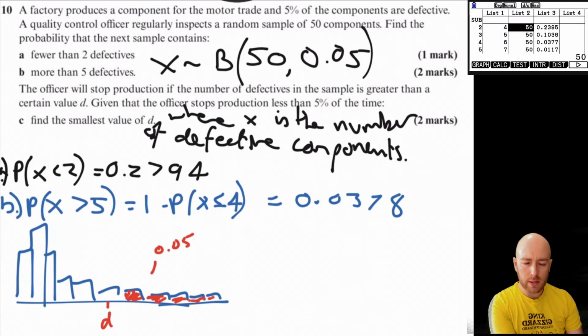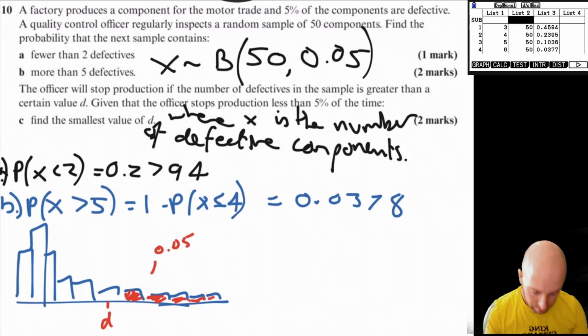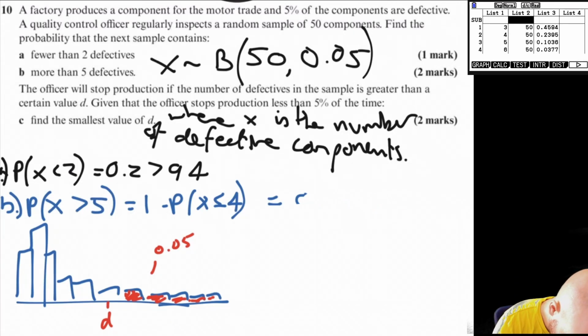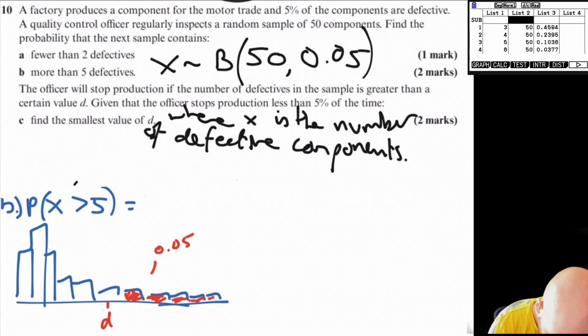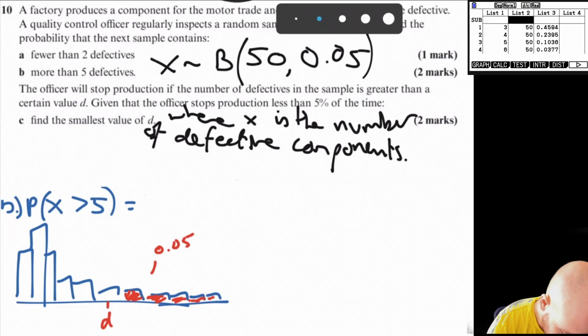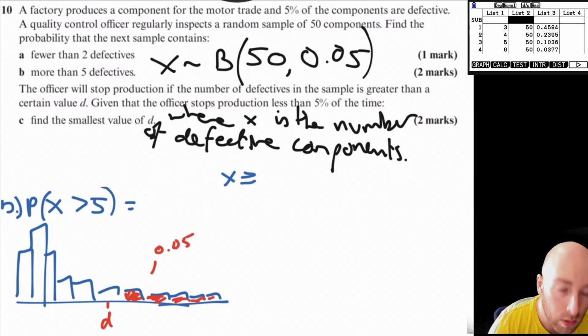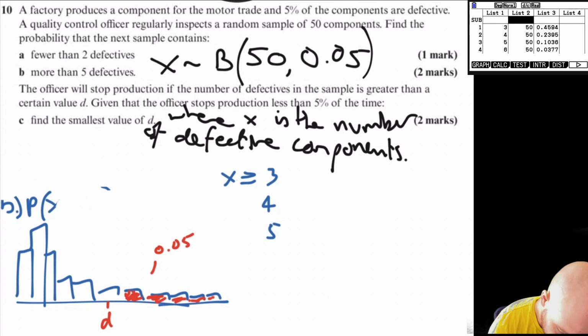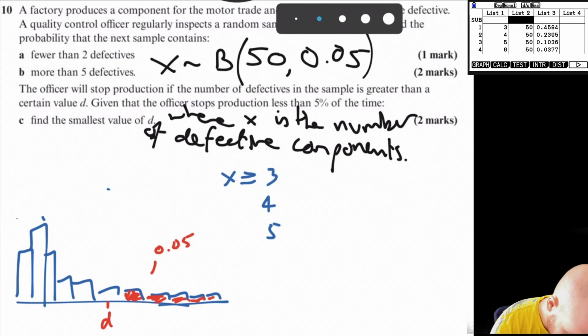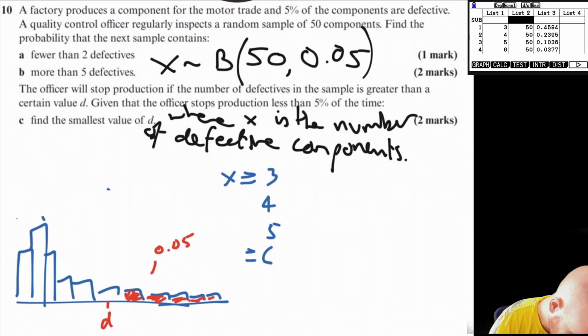So I'm just going to write all these down again. So I want greater than 5. Okay, so greater than or equal to 3, 4, 5, 6, 7, 8.